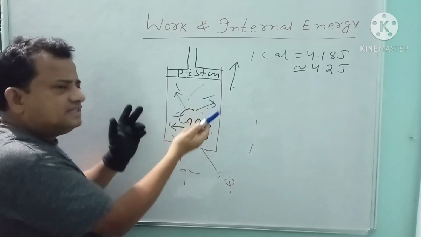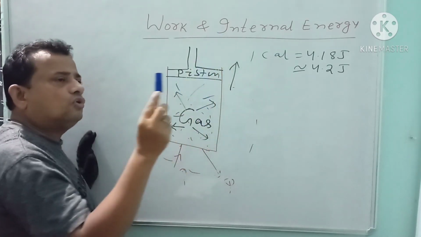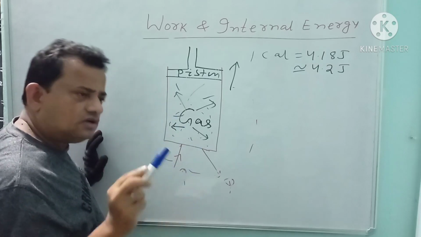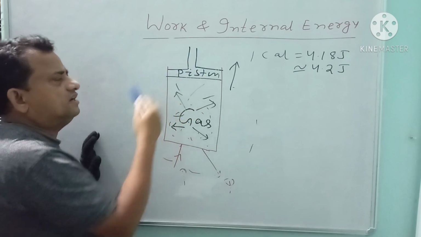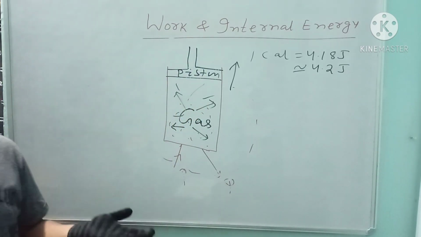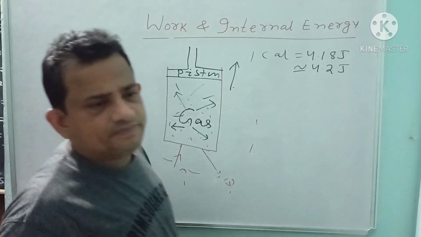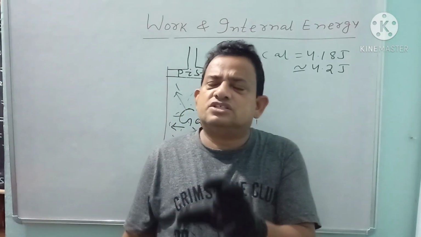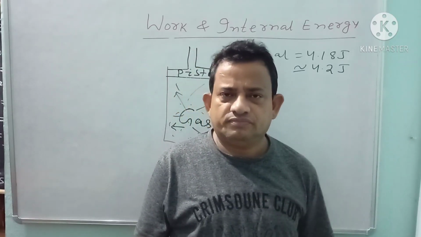I mean, when gas is expanded, the piston moves upward. So work is done by the gas on this piston. And in that case, work is taken as positive. I mean, during expansion of gas, work is positive.